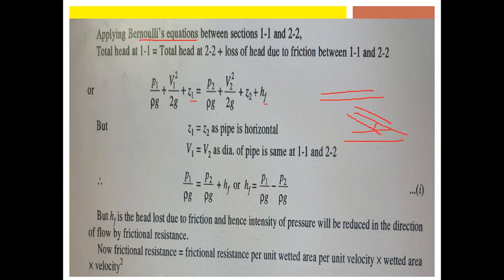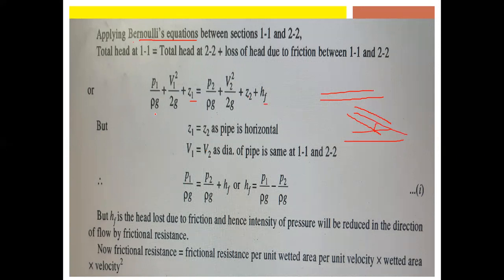But here it is horizontal, so there is no problem of Z1 and Z2. Therefore Z1 and Z2 are equal. Therefore V1 and V2 are also same. Why? Because the diameter of the pipe is same, right? Therefore Z1 is equal to Z2 as the pipe is horizontal, and V1 is equal to V2 as the diameter of the pipe is same at 1-1 and 2-2.